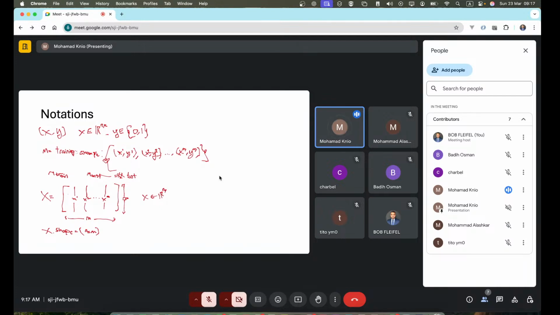And basically, we have to do the same thing for y. But y, since we only have one output, it's going to have the same number of m, but it's going to be only one row. So it will be y1, y2, until ym.